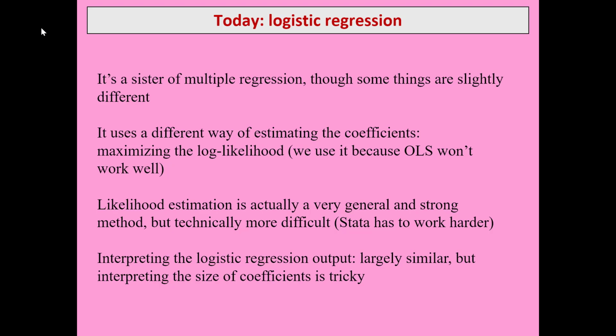Interpretation of the coefficient was, as long as you're only interested in a direction, relatively easy. Positive coefficient goes with, the larger x is, the larger the probability that y is a 1. And the other way around as well, so that's just fine. But we already saw that interpreting the exact size was not so easy.